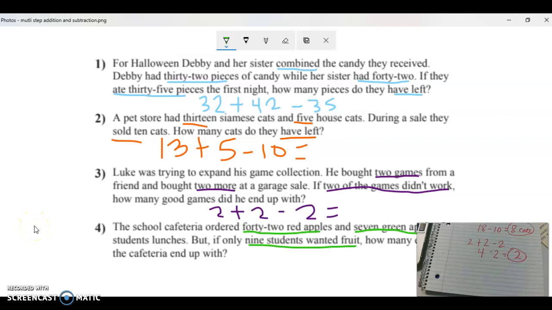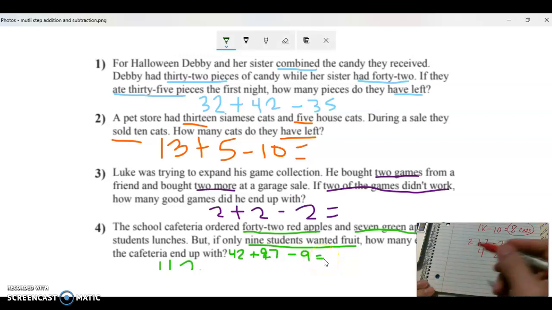Well, they started with 42 and 7. And if 9 students wanted fruit, that means they lost 9.